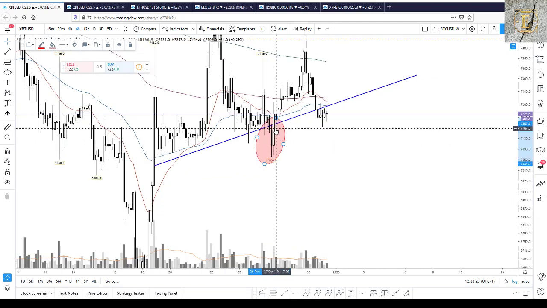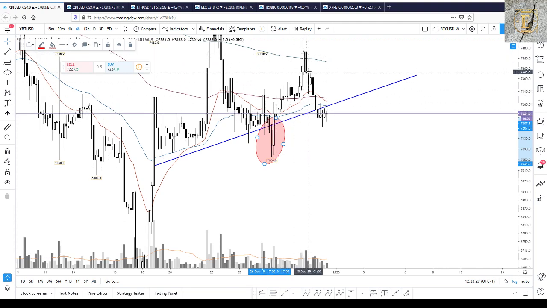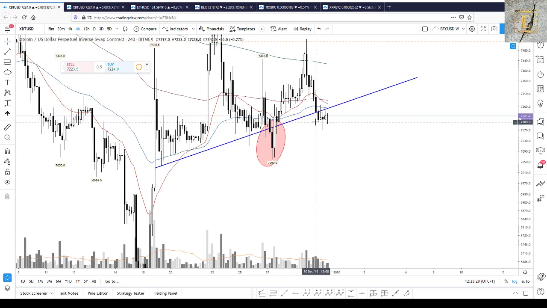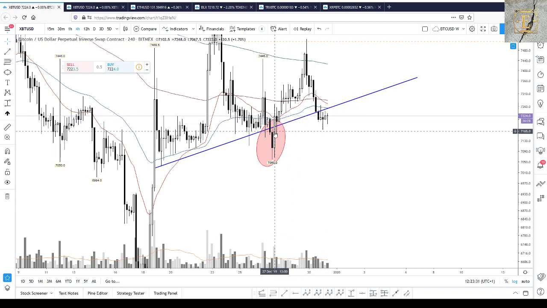And then look what happened. Price comes again, even going up, and then again drops below this trend line that previously did happen, the very big drop.